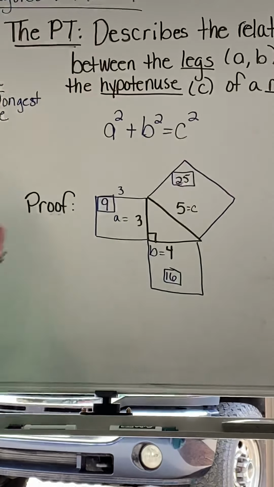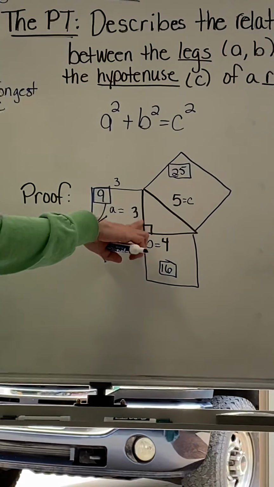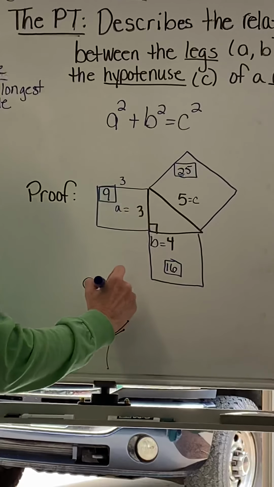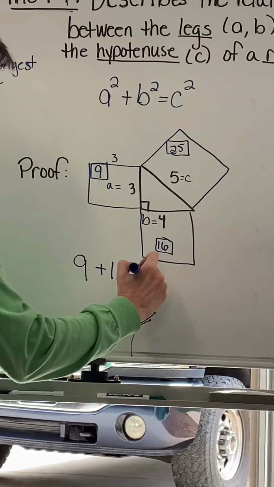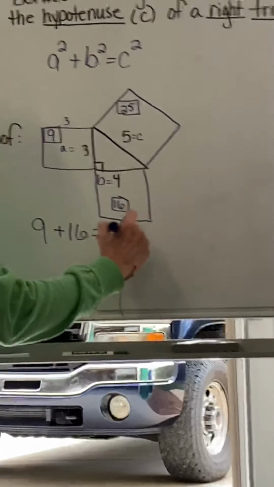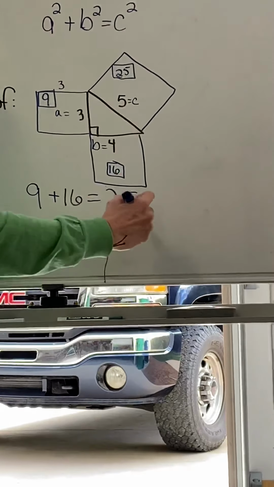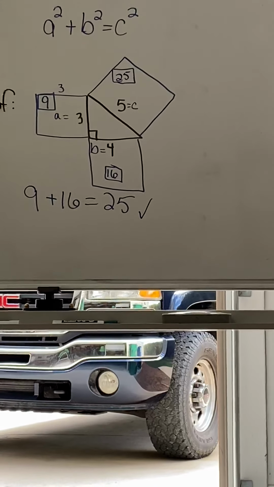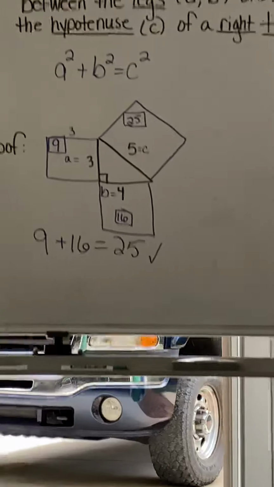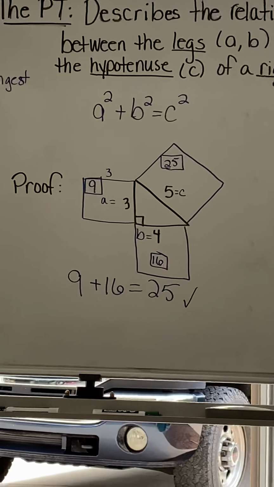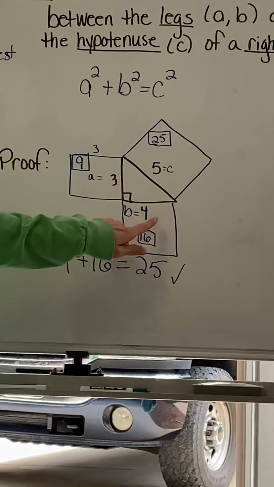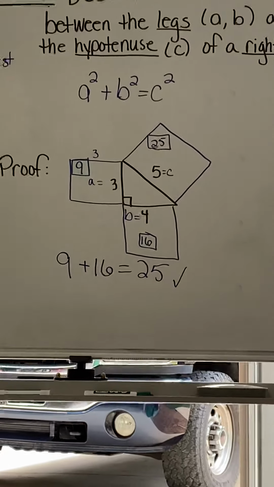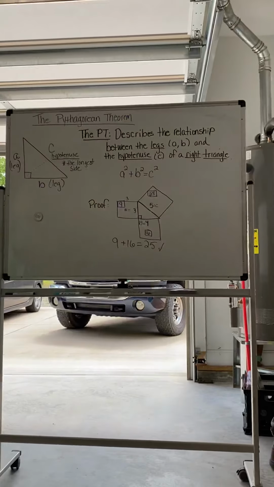So what the Pythagorean theorem says is this number squared, which is 9, plus this number squared, which is 16, equals that longest side squared, which is 25. And 9 plus 16 does equal 25, so that's the proof of the right triangle. So it literally involves squares off the sides of that triangle, where that side squared plus that side squared equals that side squared.